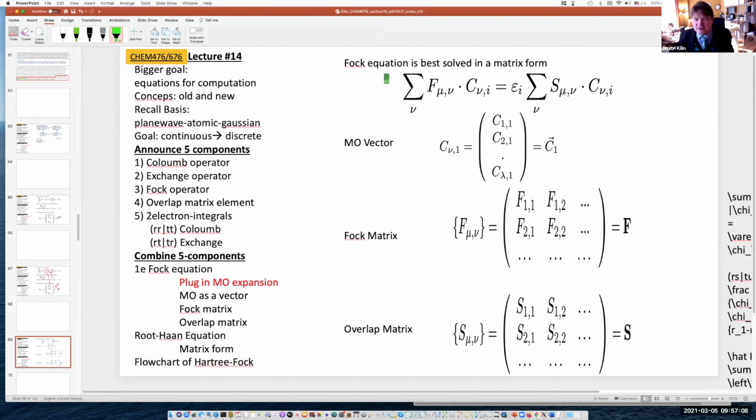So we can convert this one-electron equation for expansion coefficient matrix elements in terms of the molecular orbital vector. We can even put the symbol of vector here, and use the bold symbol F for Fock matrix, and bold symbol S for overlap matrix. Okay, make sense?